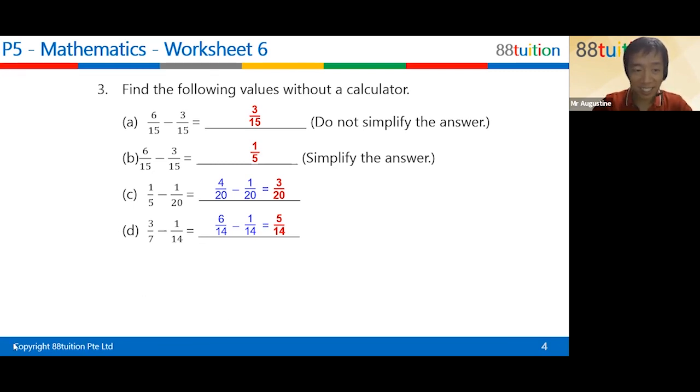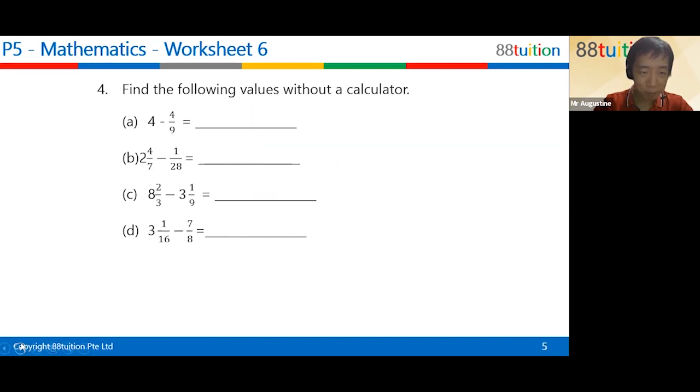So I think this is still the easy part. Same thing, what if we have a mixed number for us to carry out the subtraction? What do we need to do?